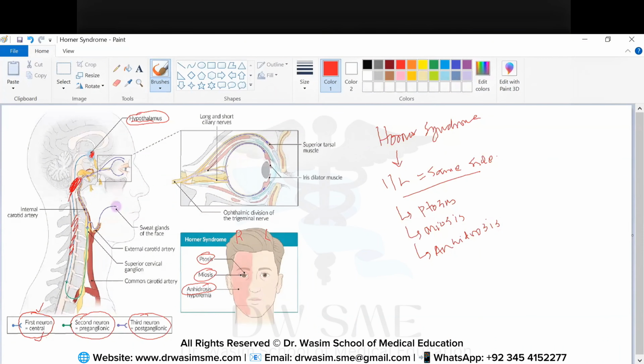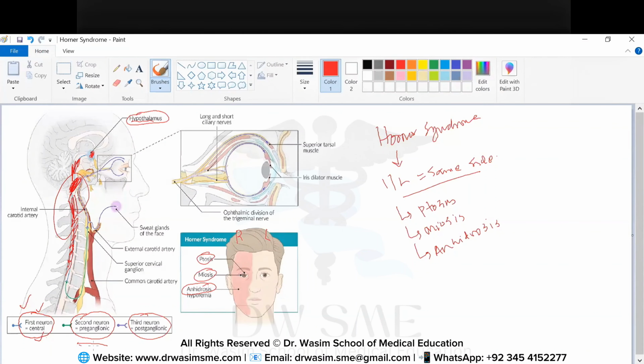If there is some anatomical malformation, this may affect the first neuron and cause Horner syndrome. And the next thing is demyelinating disease. If there is demyelinating disease, it may also cause Horner syndrome. So these were the causes of the central or first neuronal Horner syndrome.